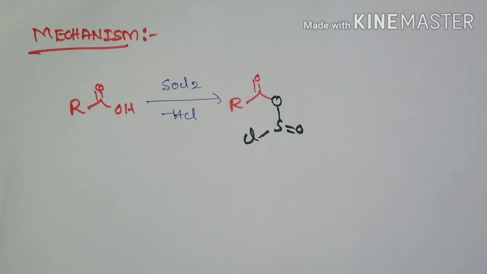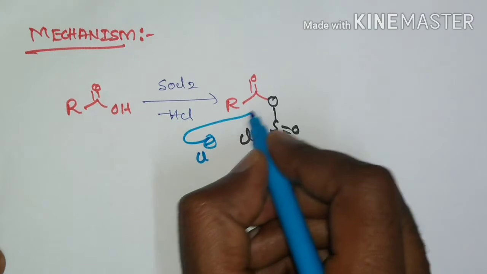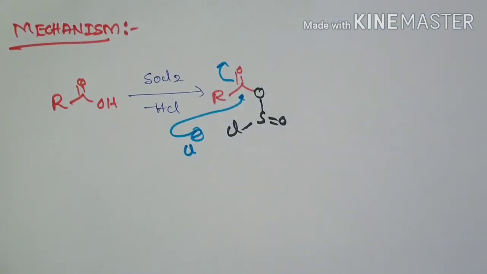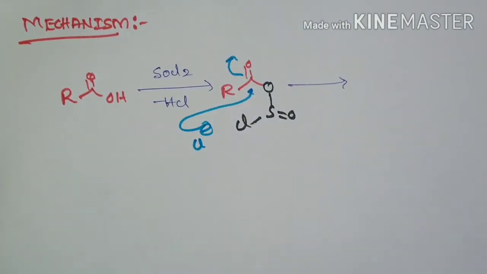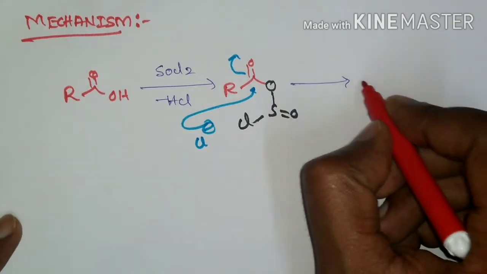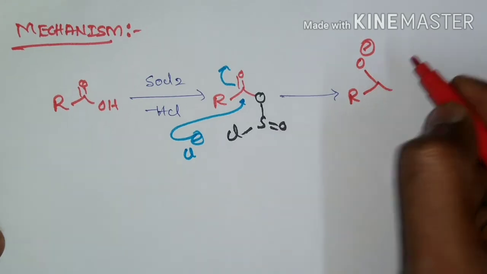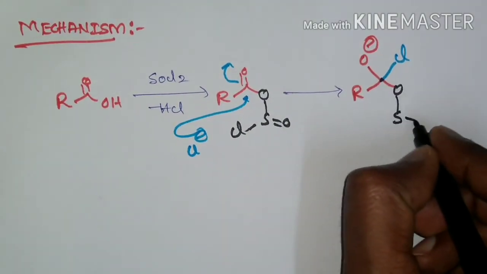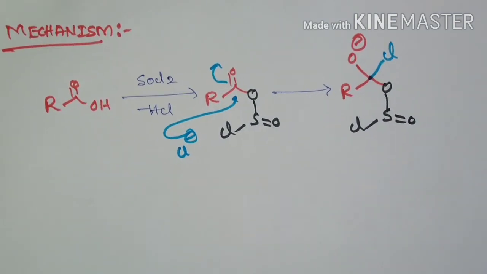This is going to react with chloride ion, which leads to the formation of this tetrahedral intermediate.